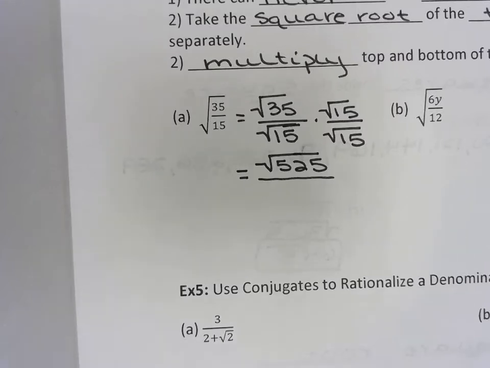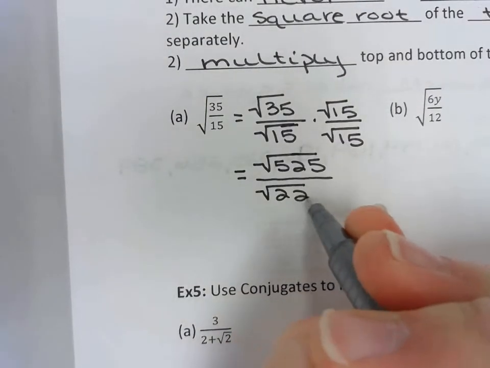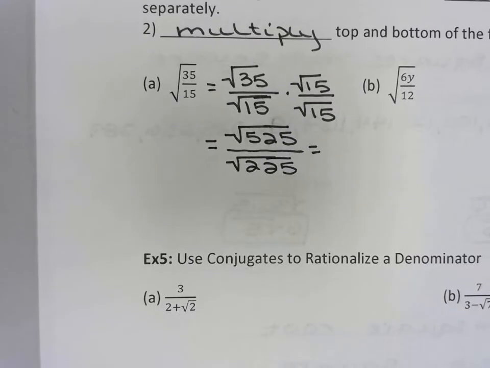Square root of 225. I'll tell you a shortcut for that in a second. Now as I look at the square root of 525, what is the biggest perfect square that goes into 525? So start taking 525 and start dividing it by perfect squares. Now if it ends in a 5, I would try things that end in a 5.